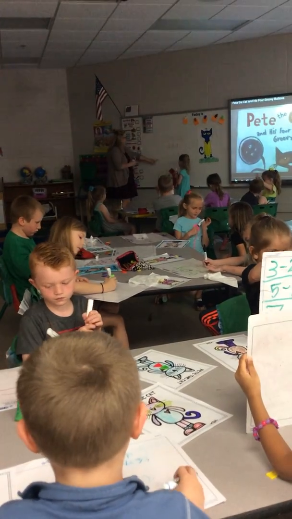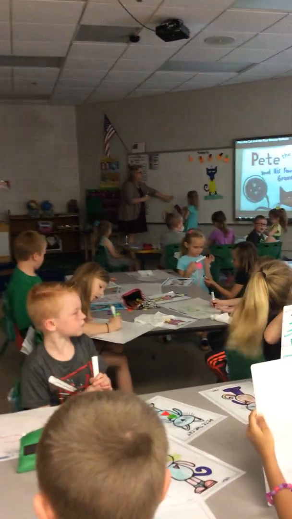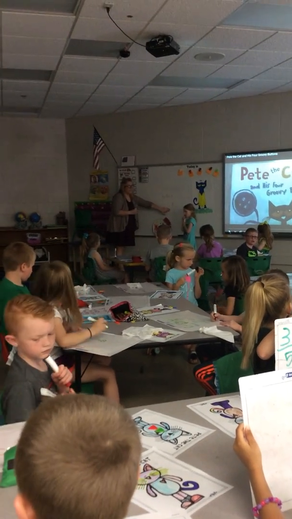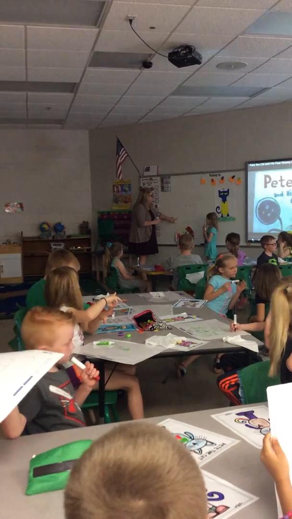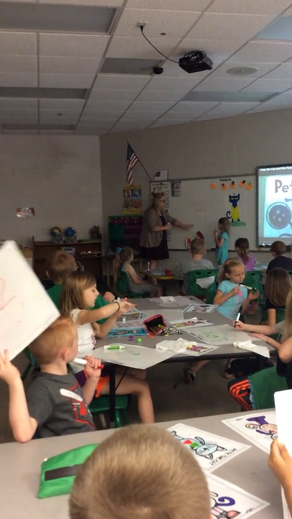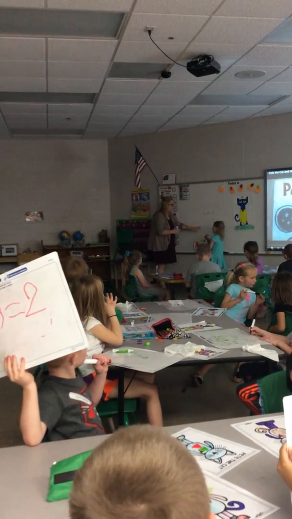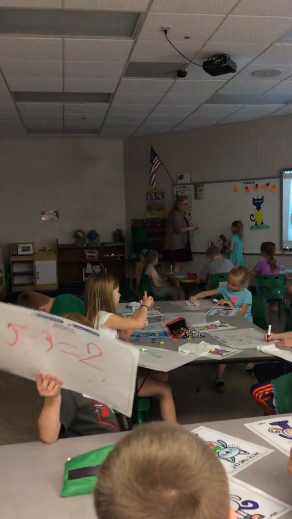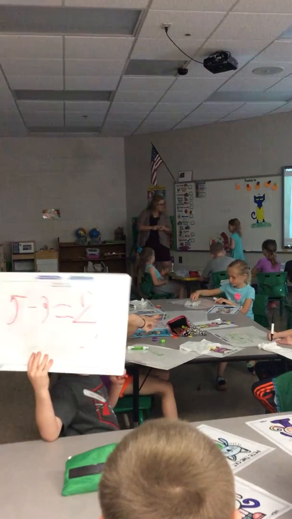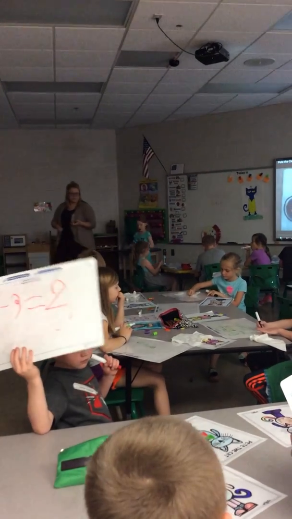So Sloan put 5 minus 3 equals 8. What do you guys think about that? I think that Sloan added. So when we're doing this one, we're going to take away 3, okay? So remember, we're going to have 5 buttons.